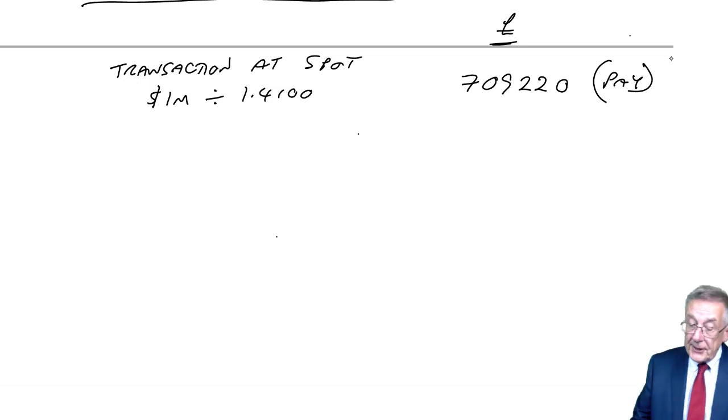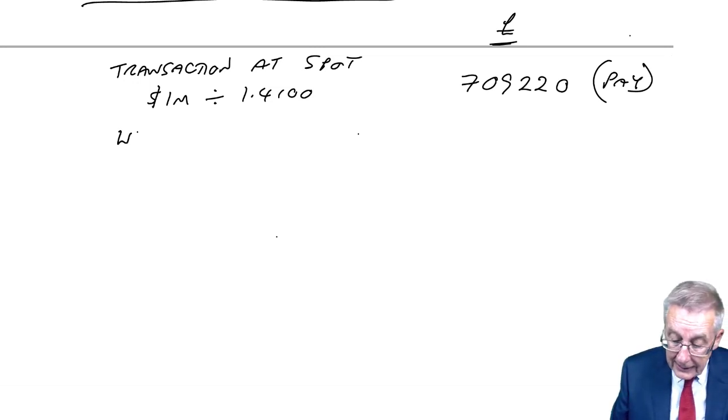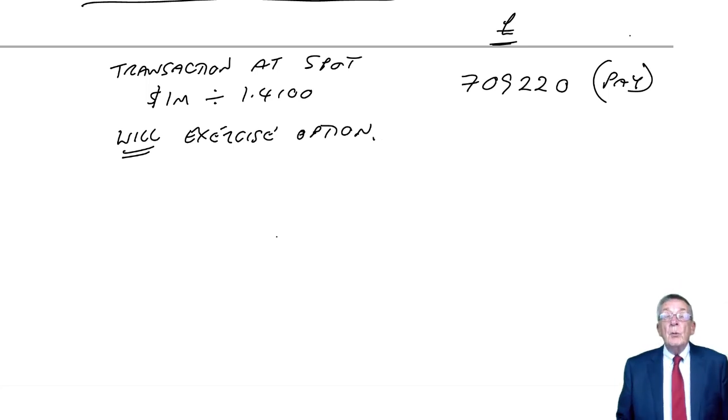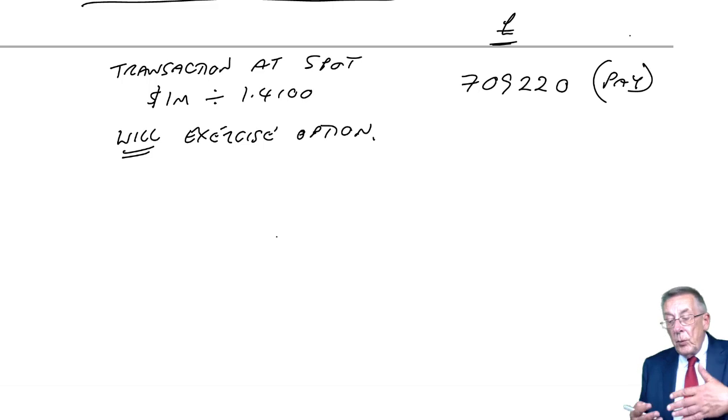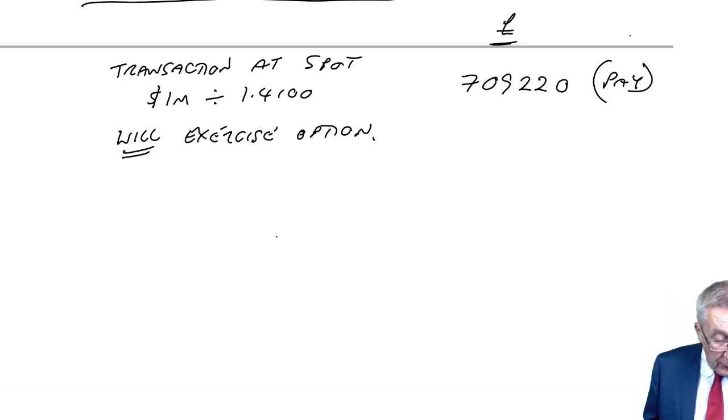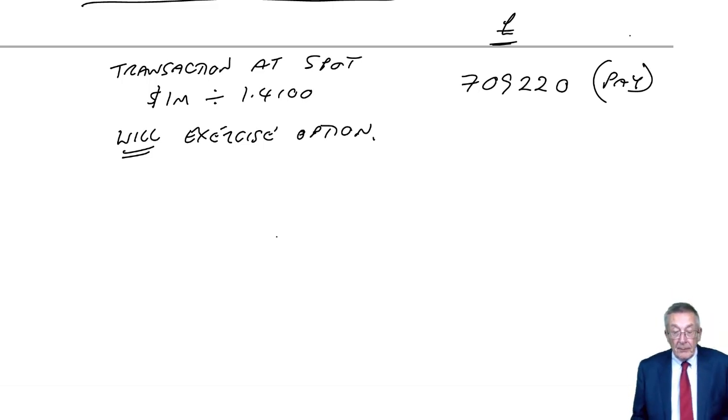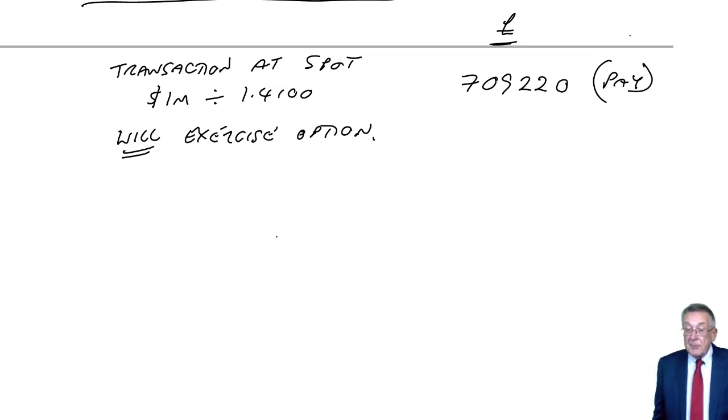If you are exercising the option, which we will do here, with traded options, remember, we have the right to convert at 1.475. The spot rate is better, it's only 1.41.